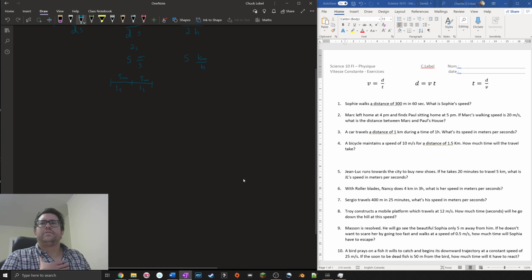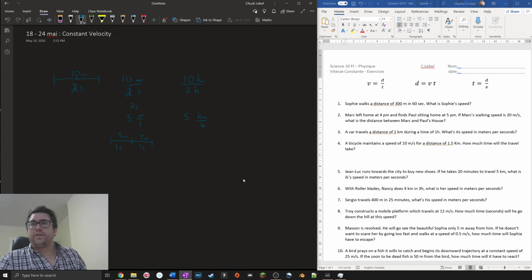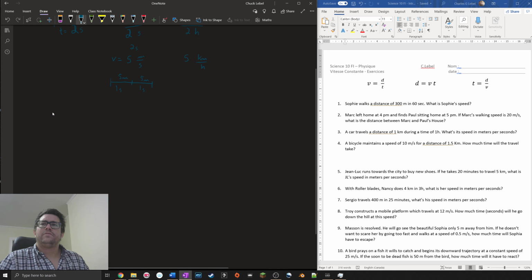So basically, if the result of dividing those two things, let's write up here again. If this is the distance and this is the time, and by dividing them, I got what I call a velocity, then we can make this formula.